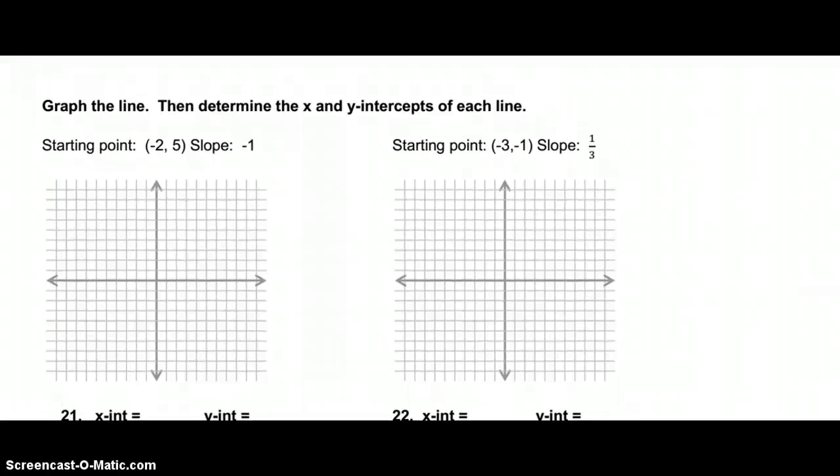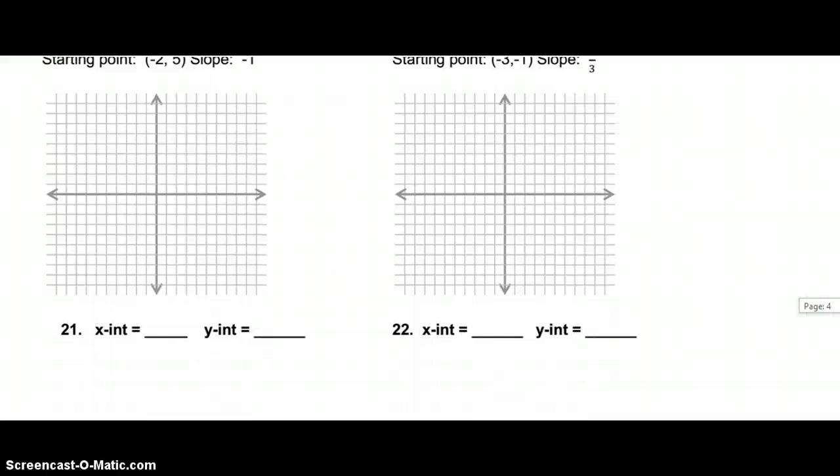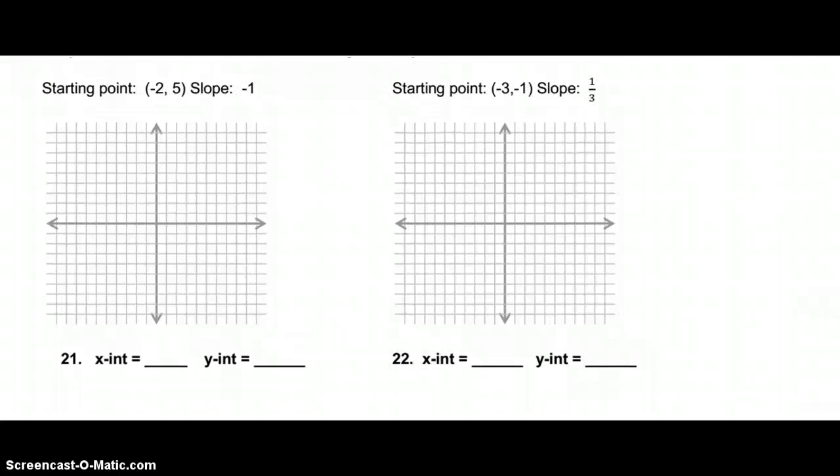All right, next section, graph the line, and then find your y-intercept and your x-intercept. All right, so we have a point -2, 5 and a slope of -1. Remember, always think of these numbers as a fraction. So any number over 1 is still that number.